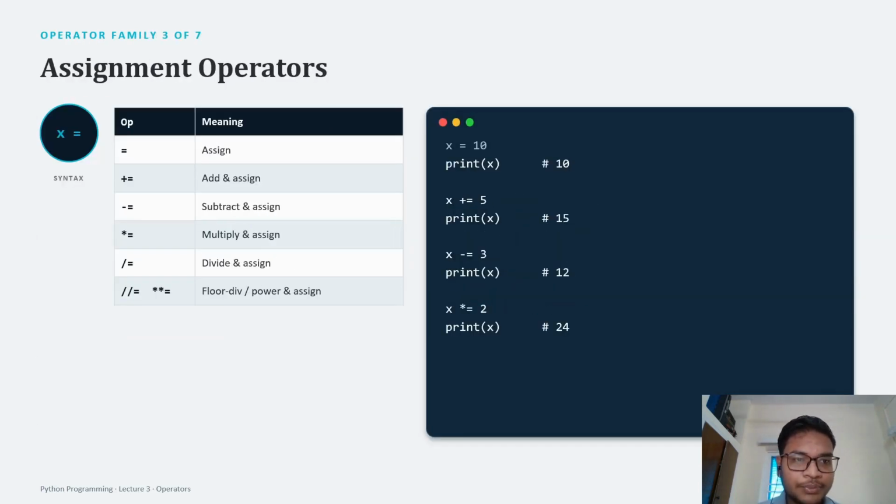Here we have six assignment operators. Equal to assigns, plus equal to adds and assigns, minus equal to subtracts and assigns, multiply equal to multiplies and assigns, division equal to divides and assigns, floor division equal to floor divides and assigns, and then power and assign. We have six, approximately seven. So one by one, let's check.